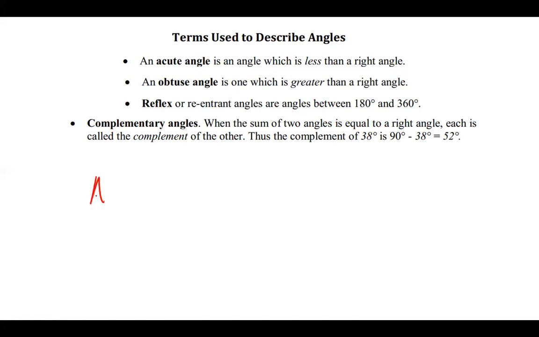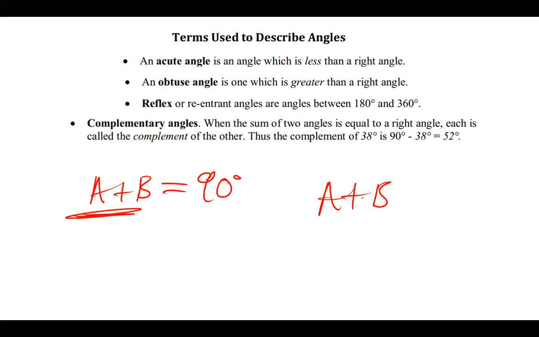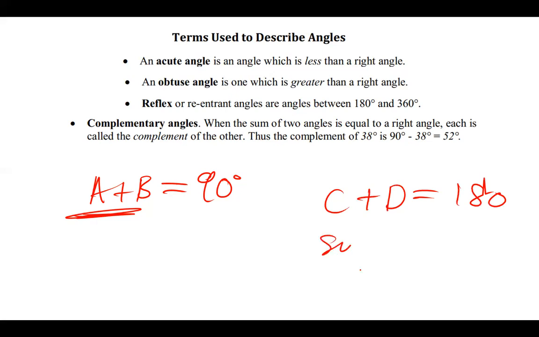So if you have two angles A and B, and when you add them the answer is equal to 90 degrees, these two angles are called complementary angles. And any two angles, let me use C and D, that you add to get 180 degrees are called supplementary angles. Complementary angles are two angles that you add to get 90 degrees.